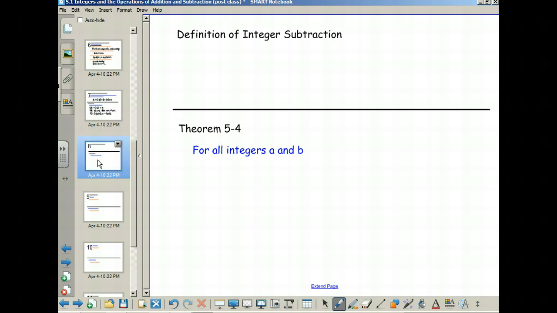All right. Definition of integer subtraction. We've seen this before, but we haven't seen it for integers, so let me write it down.